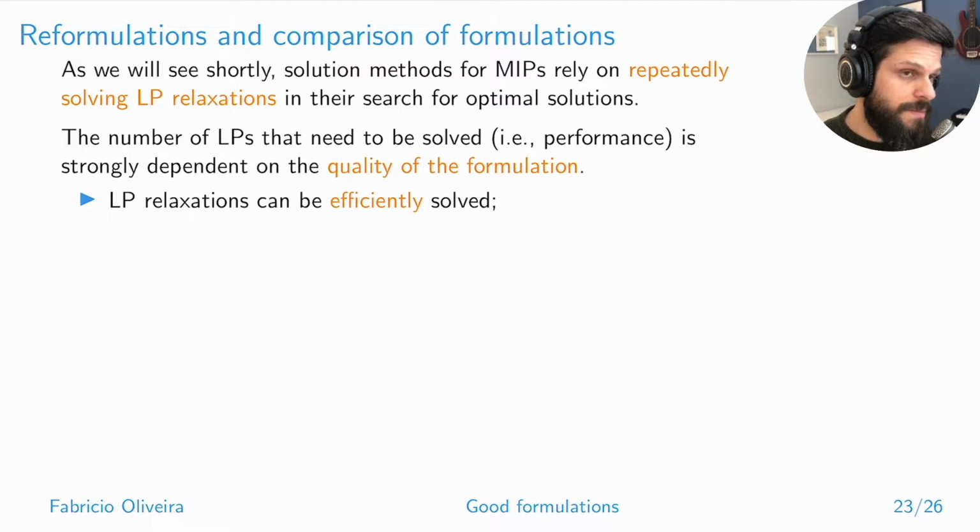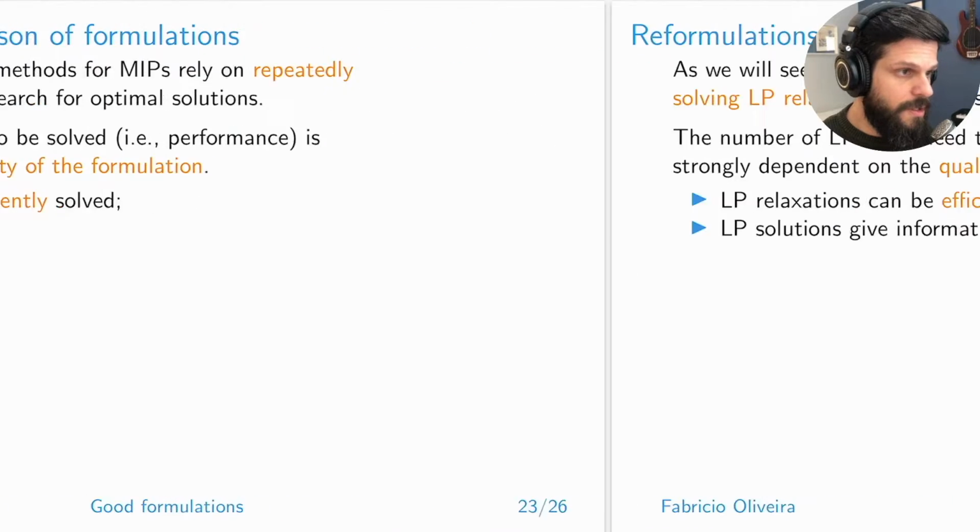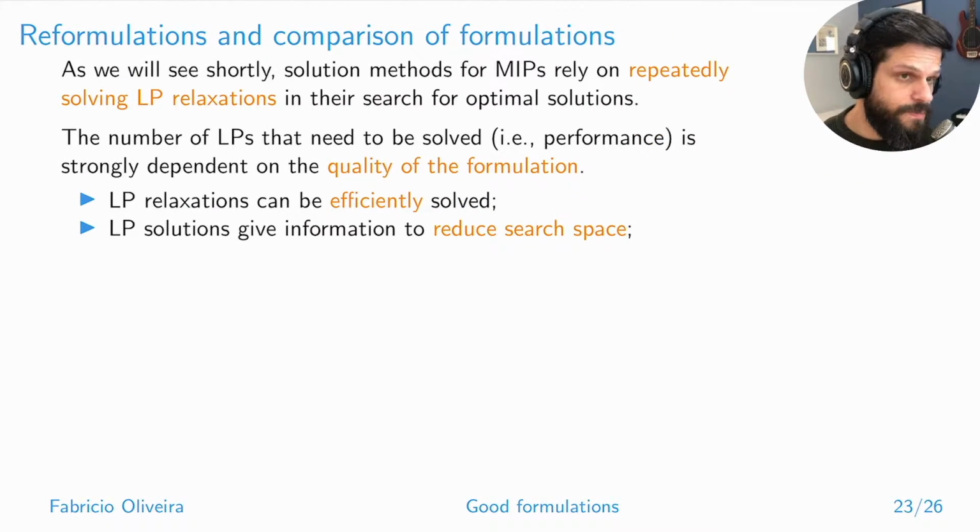So the main mechanism behind solving mixed integer programs is to consider the problem as a linear program. The reason we do so is because we can, as we've seen, very efficiently solve LP relaxations using the simplex method. And once that problem is solved, we can infer information on how to reduce the search space.